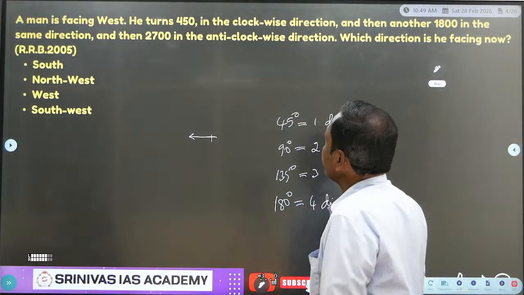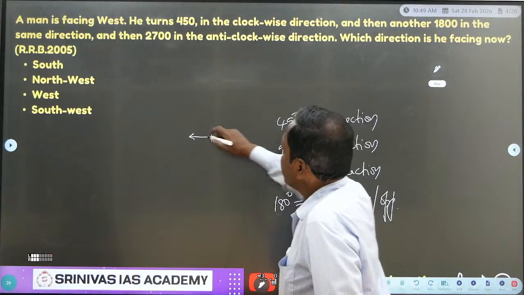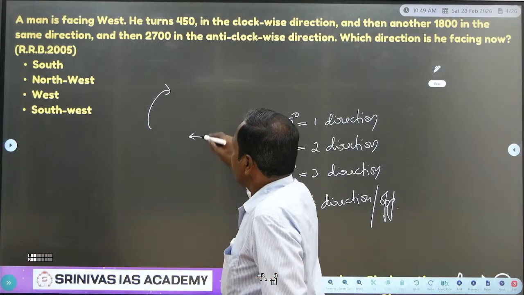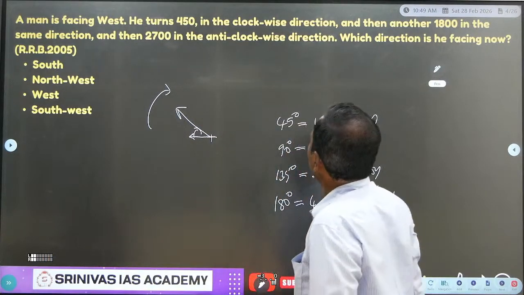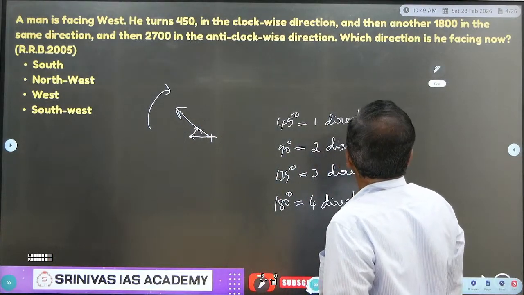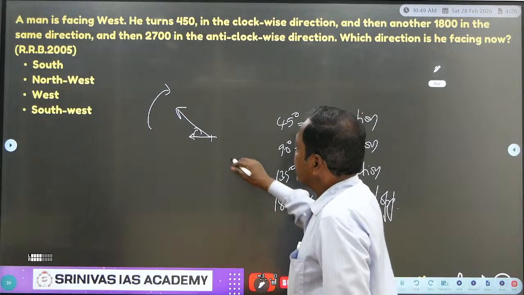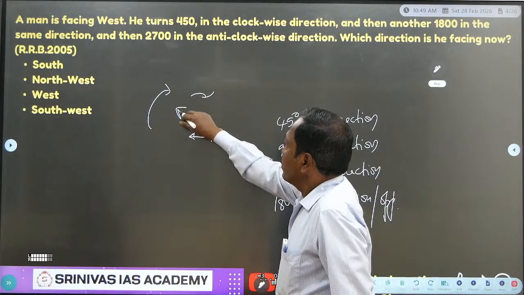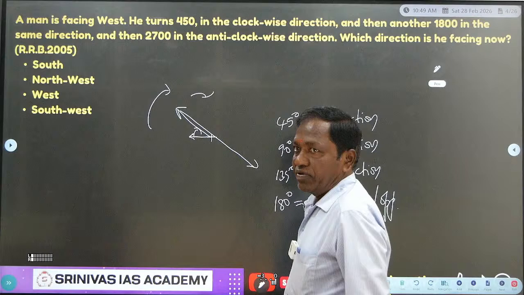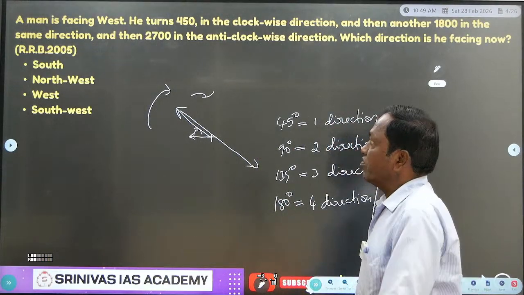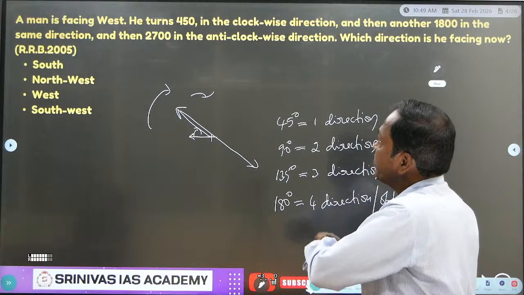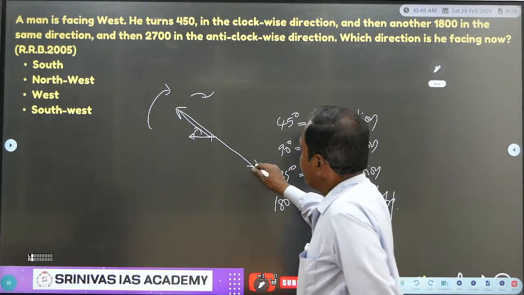Now we can take 45 degrees in the clockwise direction, and then another 180 degrees in the same direction, clockwise. 180 means exactly opposite, whether clockwise or anti-clockwise, and then 270 degrees anti-clockwise.